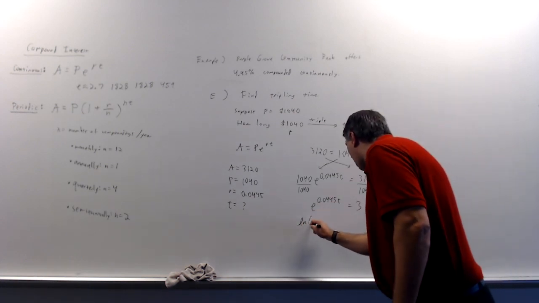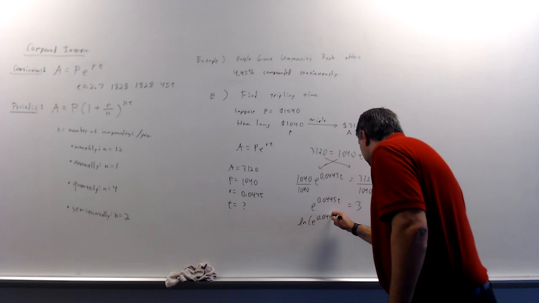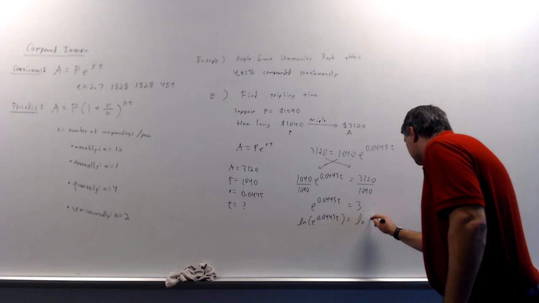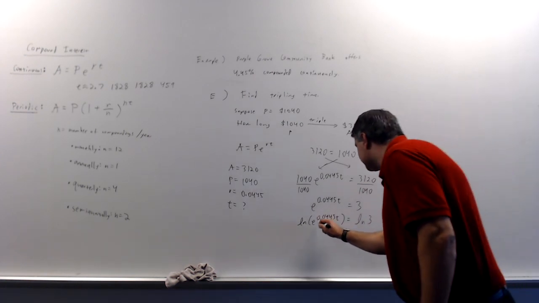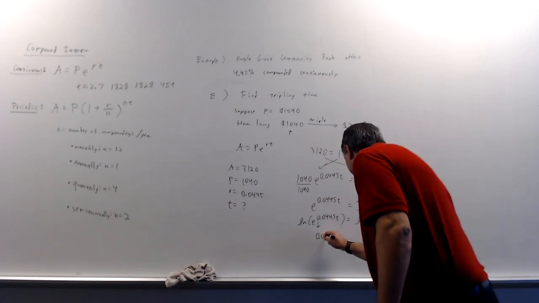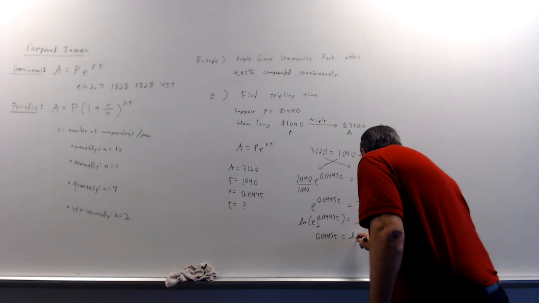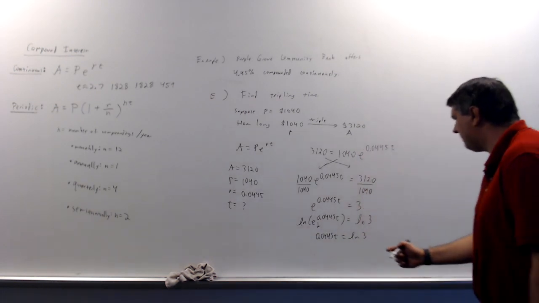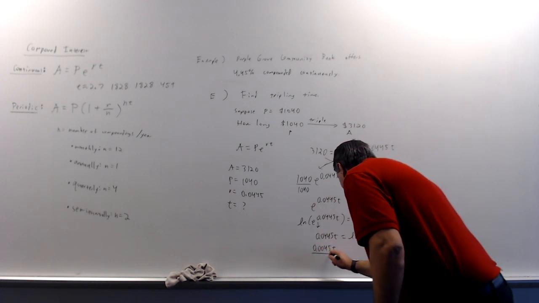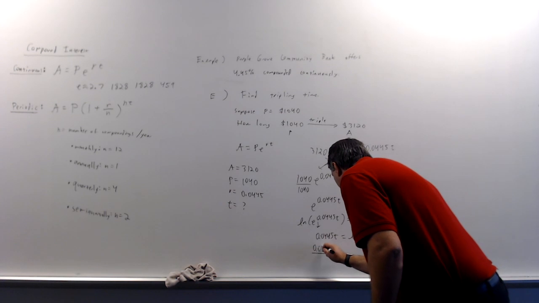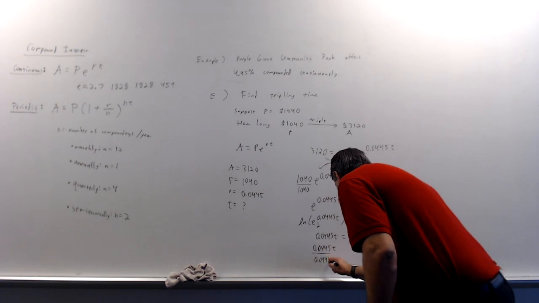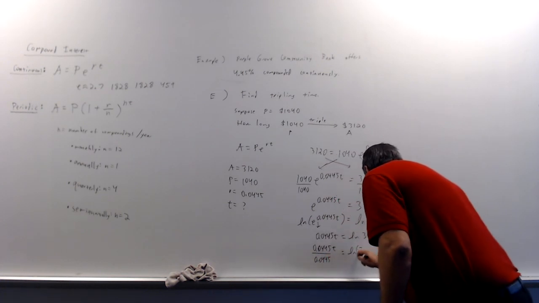We'll do natural log, which is log base e. That undoes the exponentiation and just leaves me the 0.0445t. Then I'm going to divide off that 0.0445.